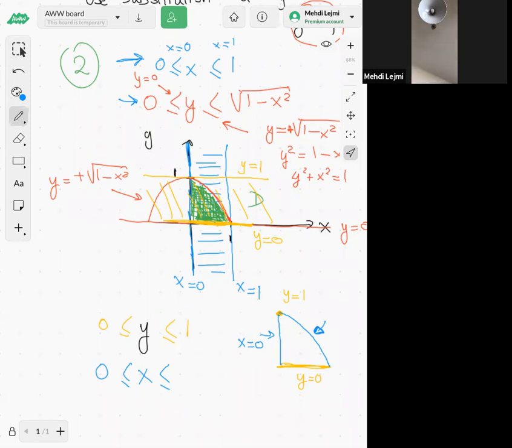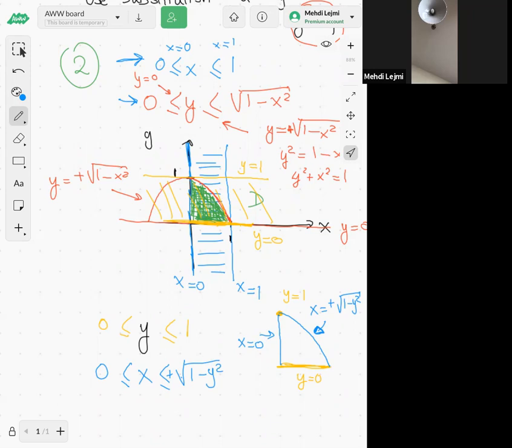When you solve for x, x would be the positive square root of 1 minus y squared. So this is the upper bound for x.